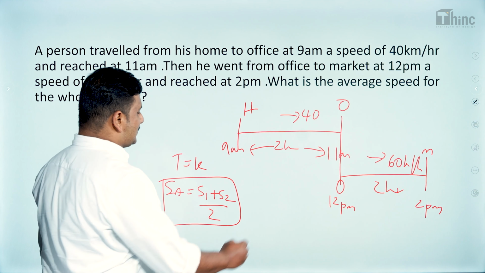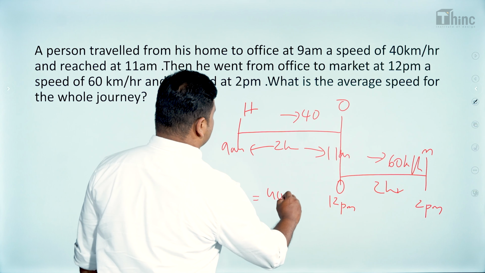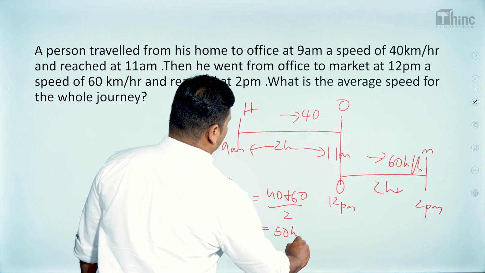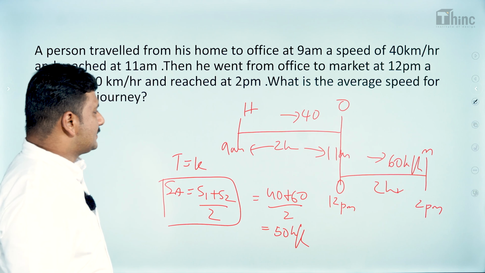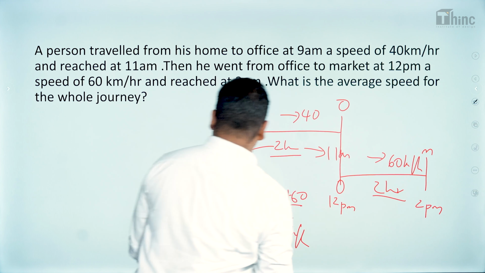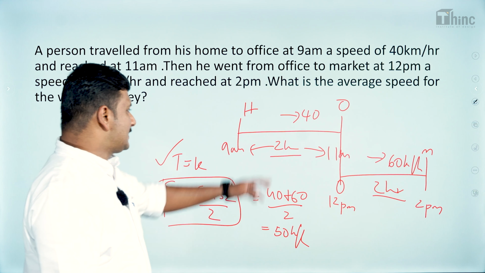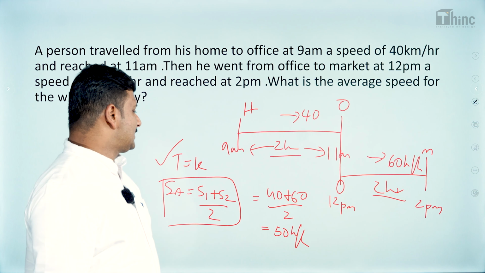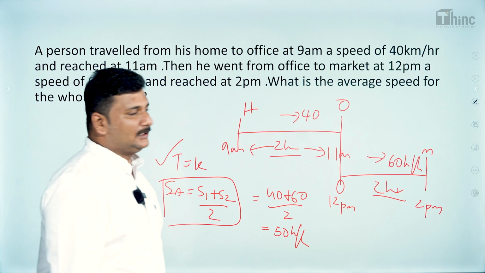So time taken is constant. So average speed will be 40 plus 60 by 2, which is nothing but 100 by 2, which is 50 kilometers per hour. Since the time taken is constant, the average speed will be s1 plus s2 by 2. We are directly using the formula. So 40 plus 60 by 2, 50 kilometers per hour will be the average speed.